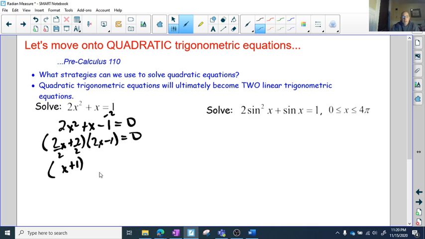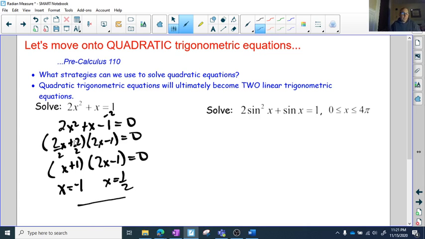So this first factor would be x plus 1, and my second factor would be 2x subtract 1, giving me answers of -1 or +1/2. So that's a review of solving a quadratic by factoring. Now, if it didn't factor, you could perhaps have to use the quadratic formula if necessary, which may happen in some of these questions.